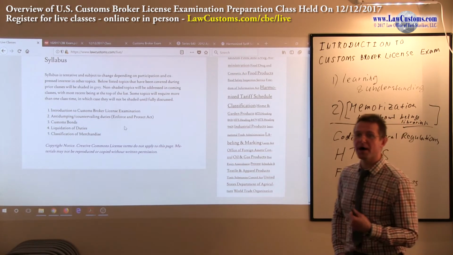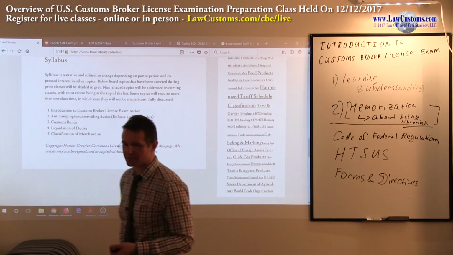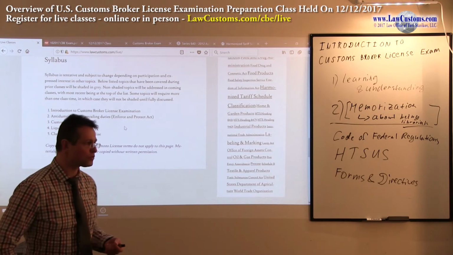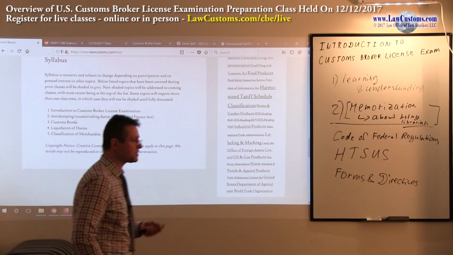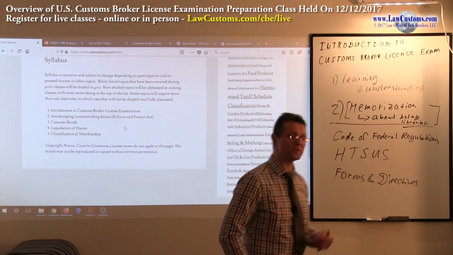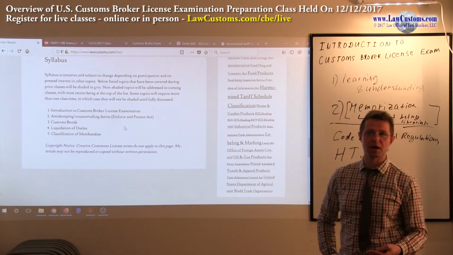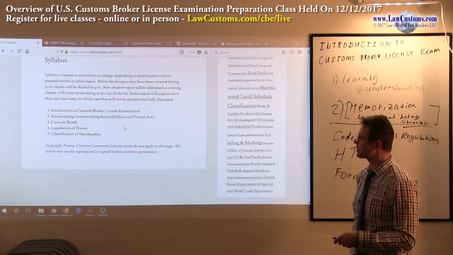Customs bond, it's been a while since I discussed this. It's a huge topic consistently tested on the customs broker exam. So I think there comes a time to talk about it again, especially with the advent of e-bond provisions, which makes some of the questions likely to be outdated.